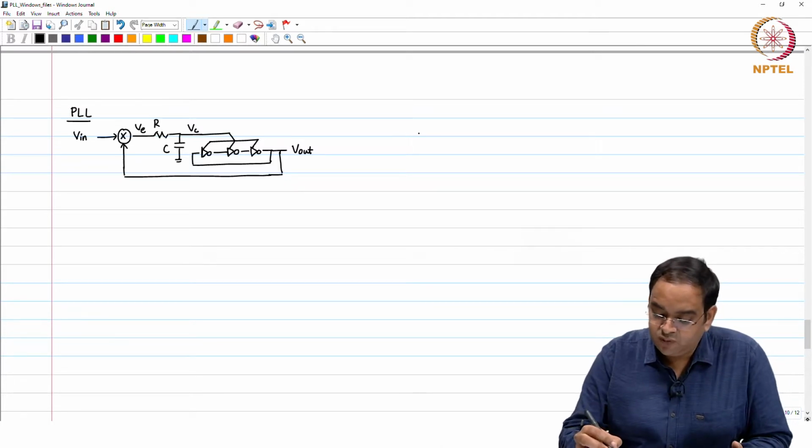The corresponding small signal block diagram which we drew in the last session was this.